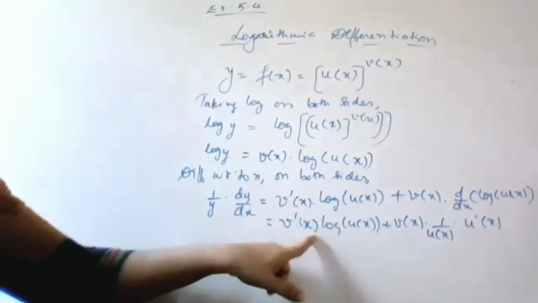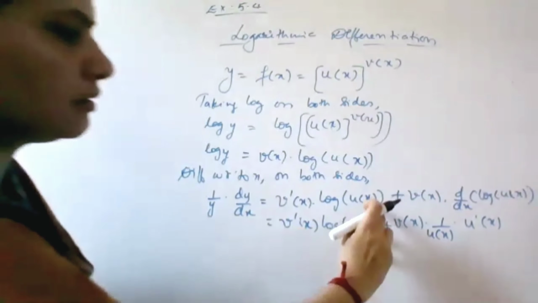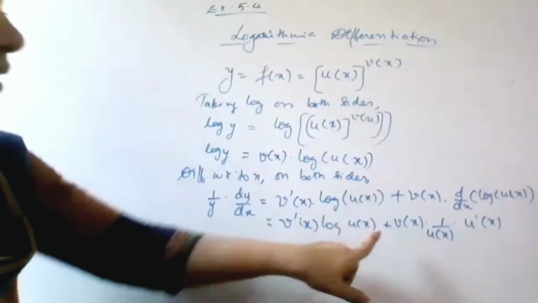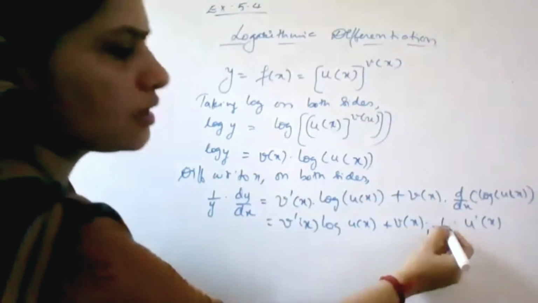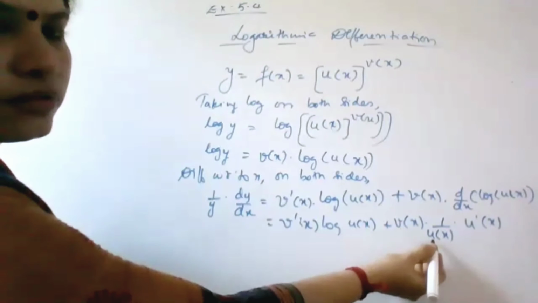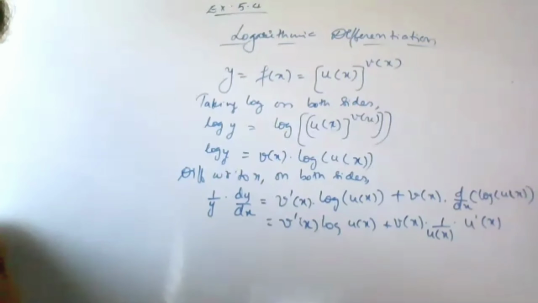So v dash of x into log of u of x, plus v of x by u of x into u dash of x. Clear? This is the procedure.